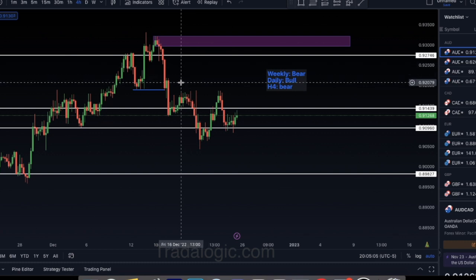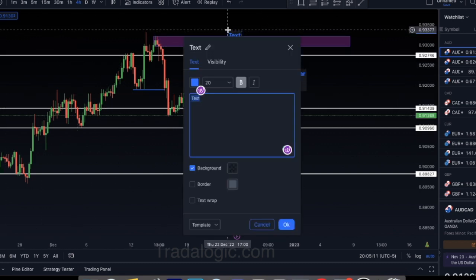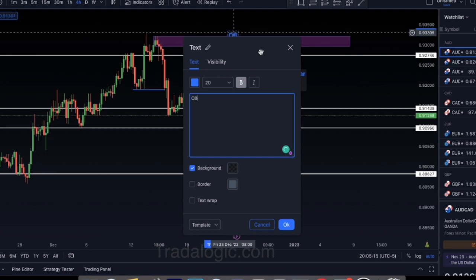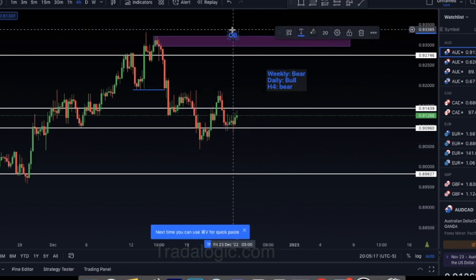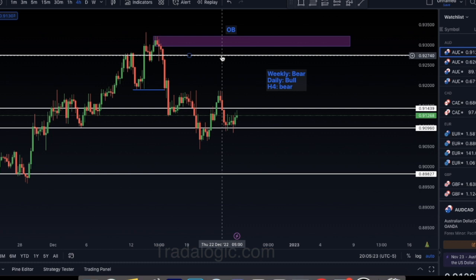And that candle, we have an order block right here. This is our order block. So we have an order block right here, and then we have our daily support, resistance, right here.